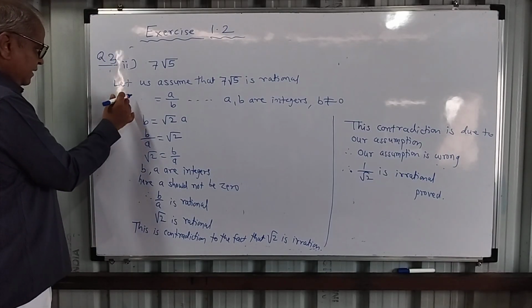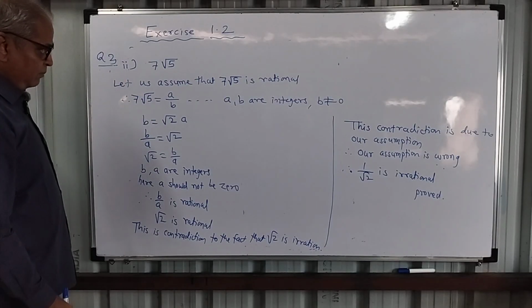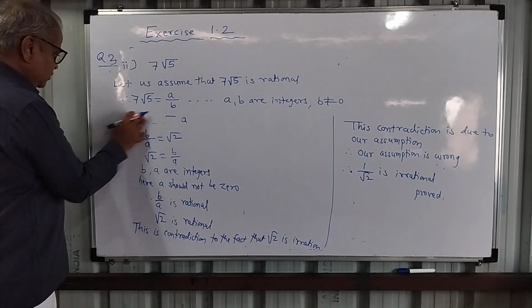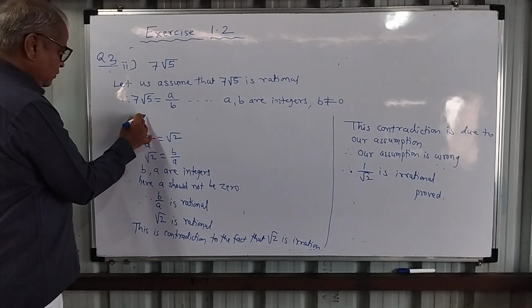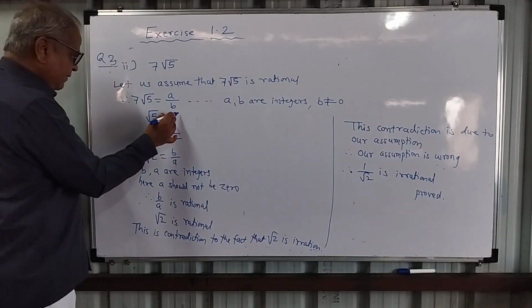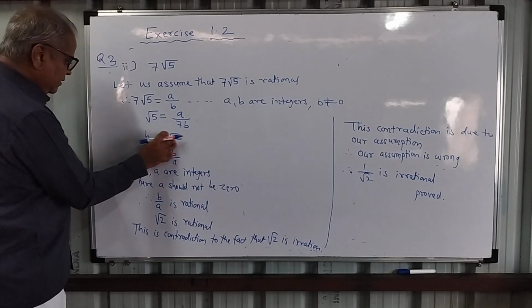Therefore we can write 7 root 5 is equal to a upon b, where a and b are integers and b not equal to 0. So root 5 is equal to, transfer this 7 there, a upon 7b.